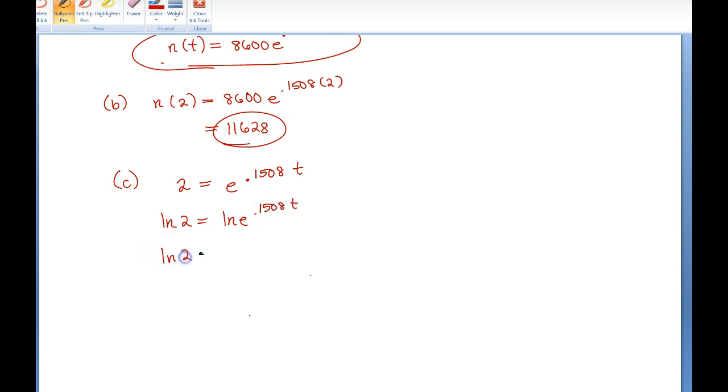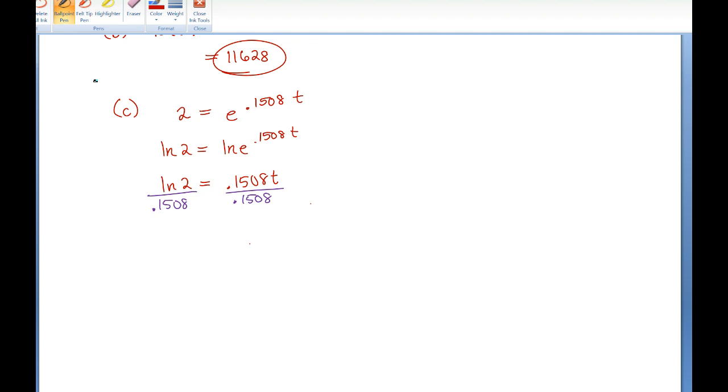So ln of 2 is equal to 0.1508 t. And then we're going to divide both sides by that decimal. And we get about 4.6. And this is hours.